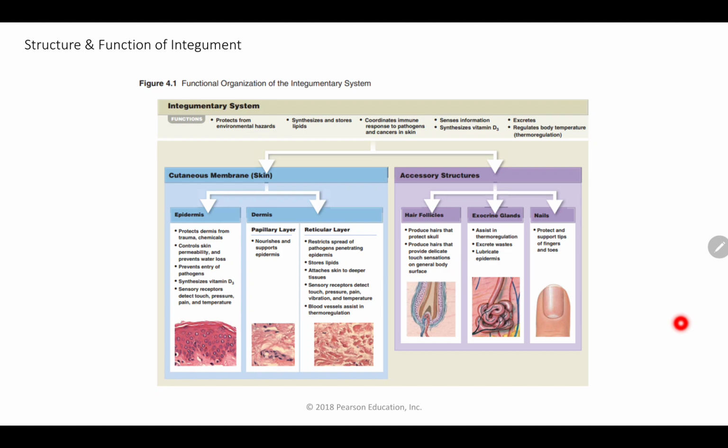Remember that it's going to be made up of the epidermis. Well, let's think about the cutaneous membrane, or just the skin. The cutaneous membrane is made up of the epidermis and the dermis. The epidermis is the top, most superficial layer, with 5 layers in thick skin, the palms of the hands and soles of the feet, and then thin skin everywhere else.